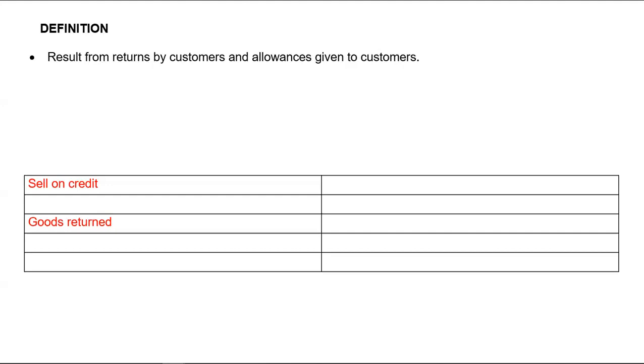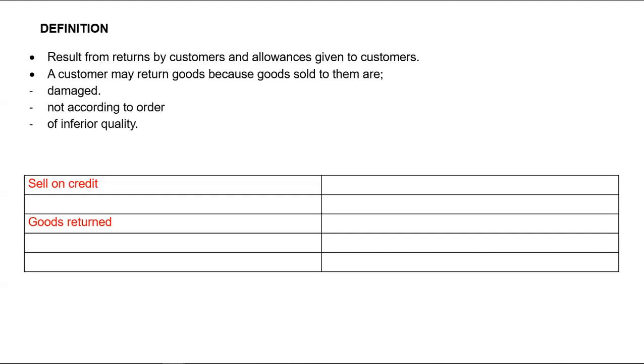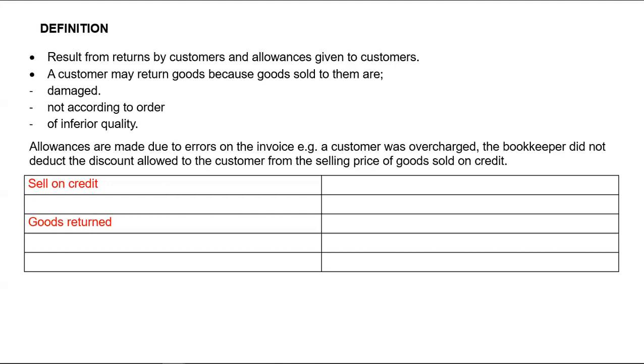A customer may return goods because goods sold to them are damaged, not according to order, or of inferior quality. Allowances are made due to errors in the invoice, and I have explained that a customer was overcharged.